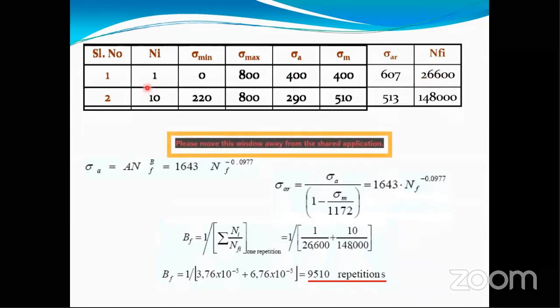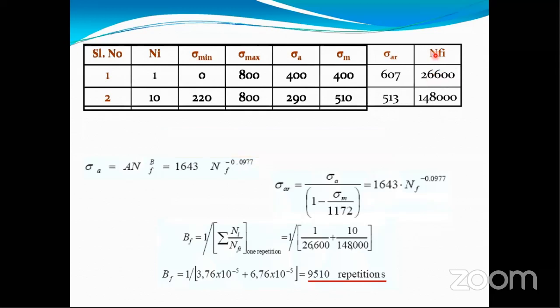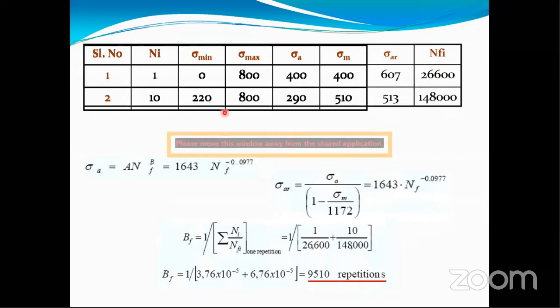Similarly, we have one more cycle with minimum stress of 220 MPa and maximum stress of 800 MPa, with stress amplitude of 290 MPa. So we have one more set of number of cycles. That is, we can see for this stress amplitude, number of cycles to failure is 26,600. We have this number of cycles to failure.